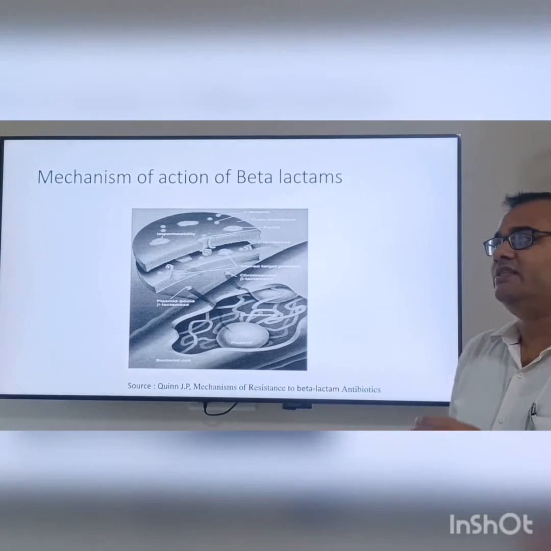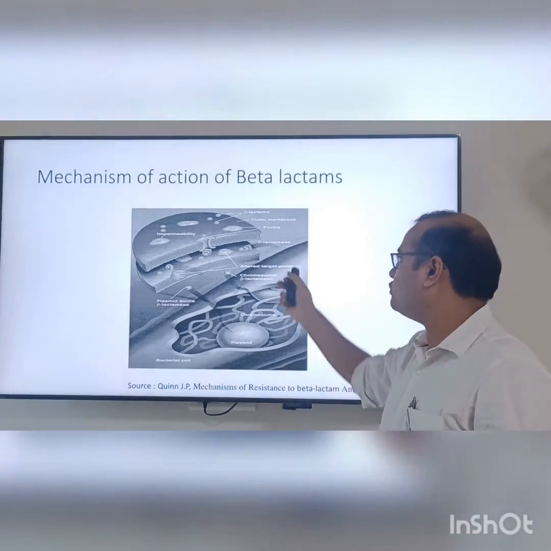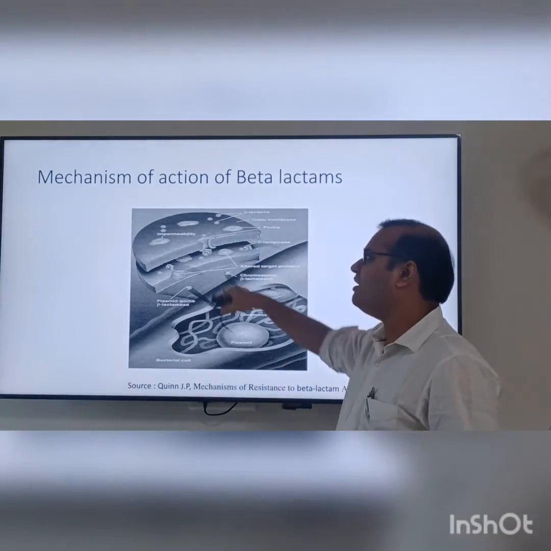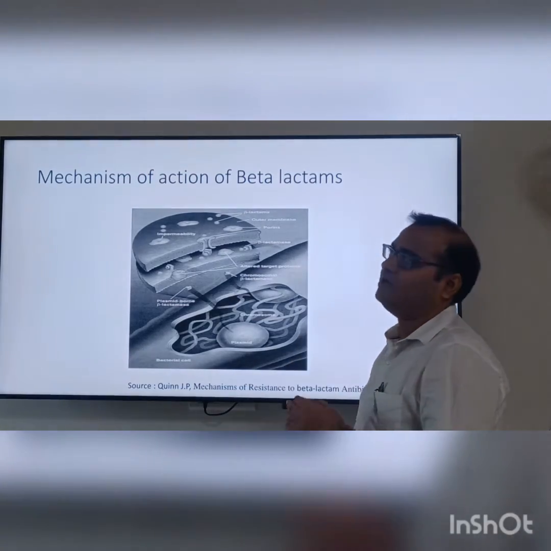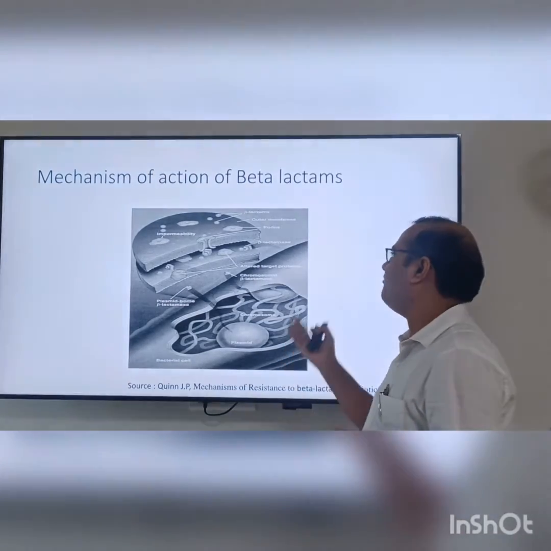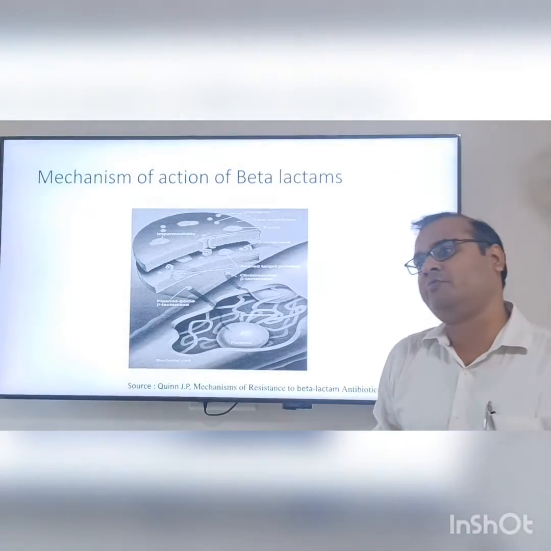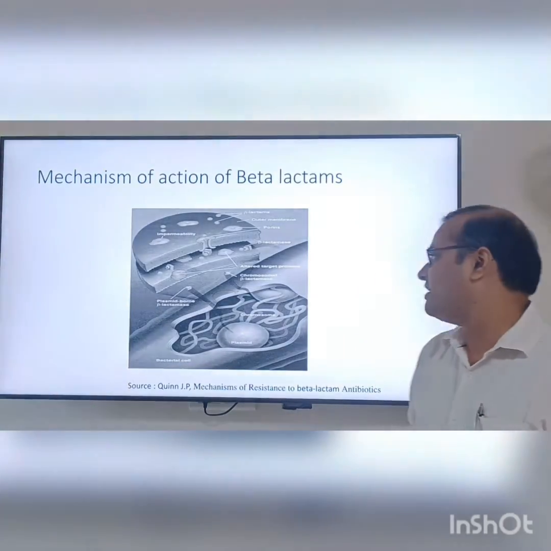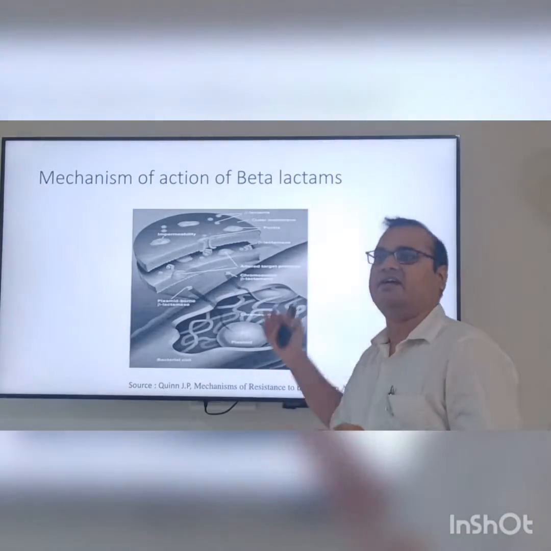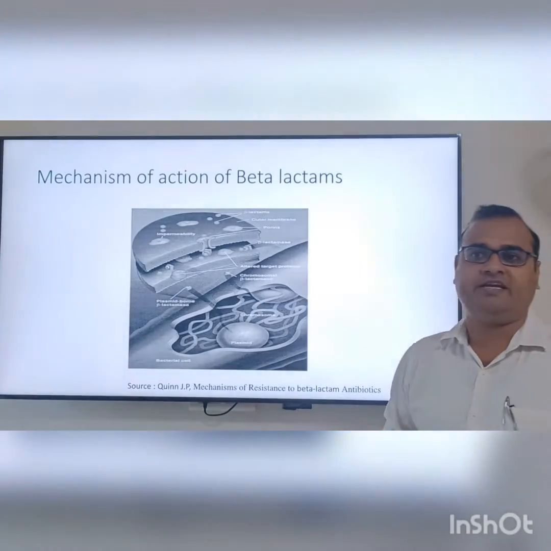This has to be done through porins, then it has to fight with various enzymes like the beta-lactamase, which may be chromosomal or plasmid-mediated, and only then does it get access to the penicillin binding protein.